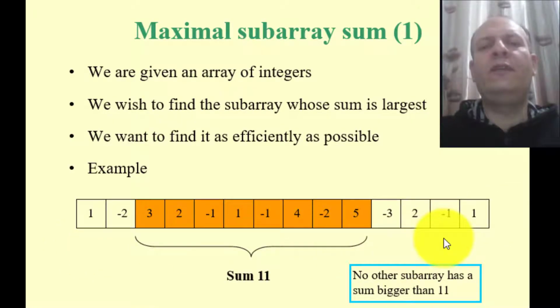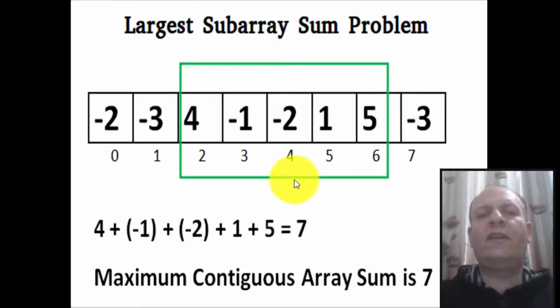Whole elements will be the maximal summation if all of them are positive. But if we have some negative elements, it means we could have another subarray inside the array elements which has the maximal subarray summation value. We have another example, an array of 8 elements.